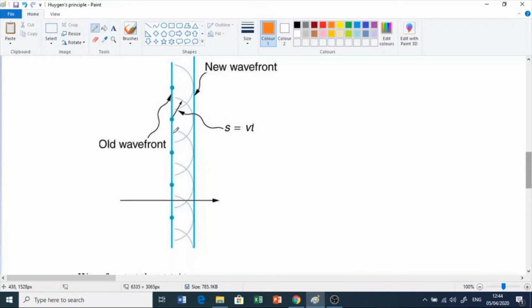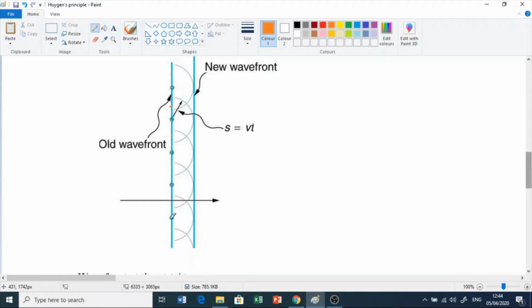Now Huygens principle says that every point on a wavefront, once a wavefront is produced, every point, just here I have shown several points, but assume every point. For simplicity, I will show the several points. The Huygens principle says that every point on a wavefront acts like a new source of wave.